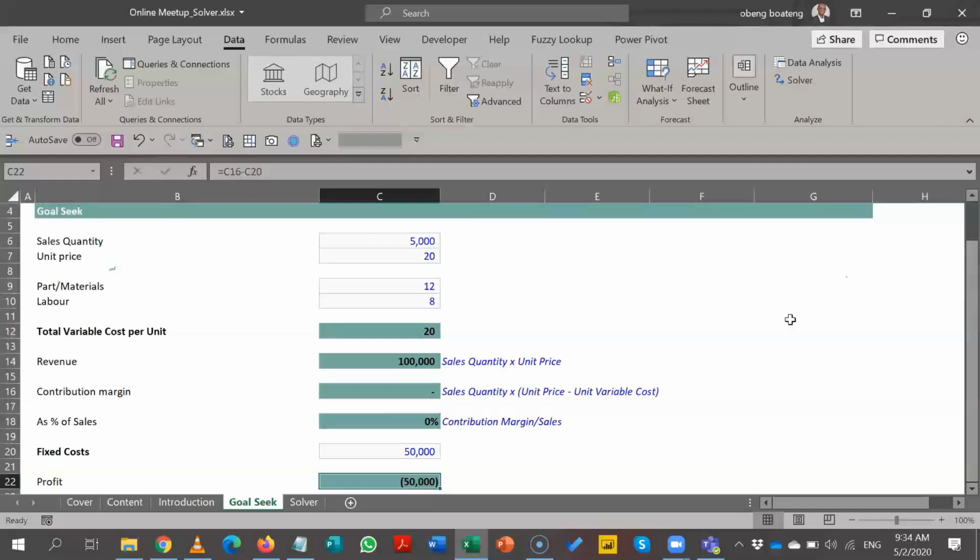We say you break even when you are producing enough to cover your fixed cost. So with this situation, we are not breaking even because whatever we are generating cannot take care of our fixed cost. And hence we cannot even proceed with this business. So you are the entrepreneur, you are at this point, and your question is, you need to change one of these, unit price or sales quantity.